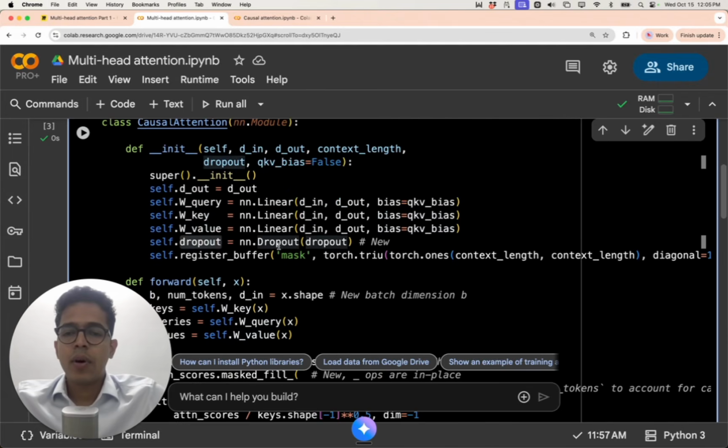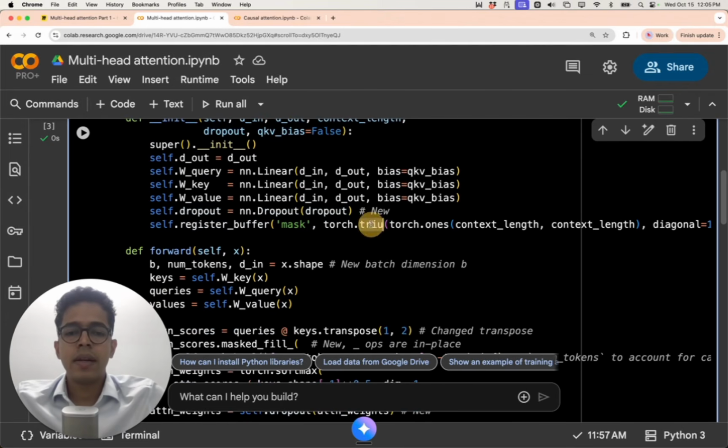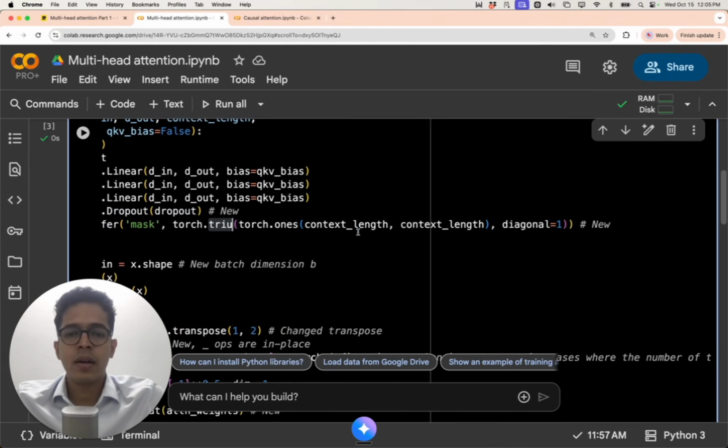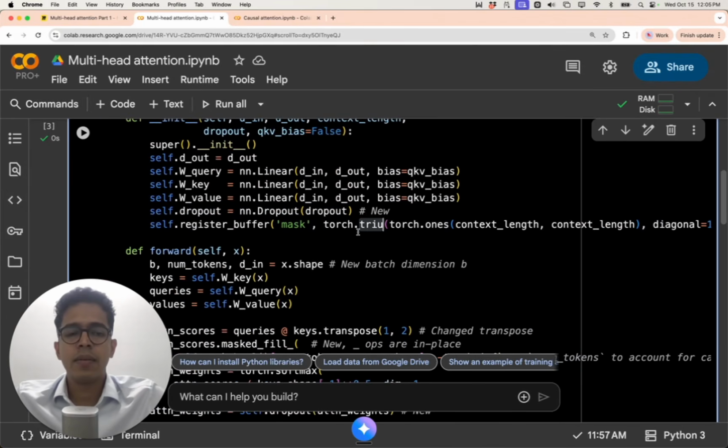Then we have dropout. So the nn.Dropout function helps us easily define the dropout mask. And this triu is the upper triangular matrix, which makes sure that we are applying the mask such that upper triangle items are initially negative infinity, and then we apply softmax.